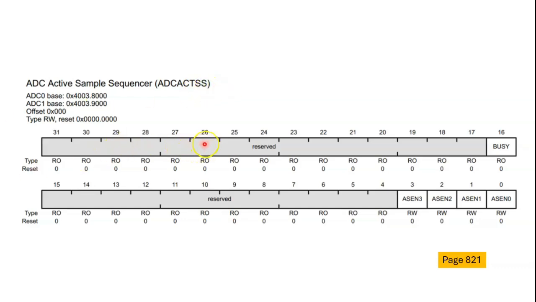This register controls the activation of the sample sequencers. Each sample sequencer can be enabled or disabled independently with bits 0 to 3. If you put a 0 in each of these bits, it will disable the relevant sequencer, and if you put a 1 here, it will enable the sequencer.